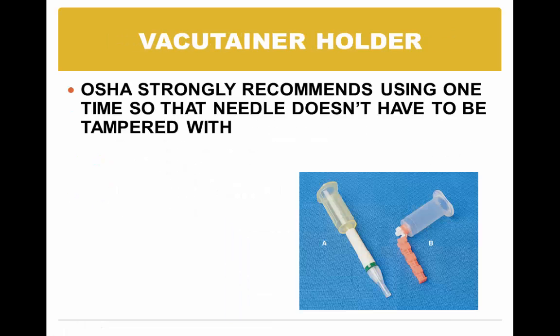The Vacutainer holder, OSHA strongly recommends using only one time so that the needle doesn't have to be tampered with. Each time you mess with the needle, you have a greater chance of doing what? Poking yourself. Okay? Safety needles are better in the respect that you're not doing any two-handed recapping. Okay?